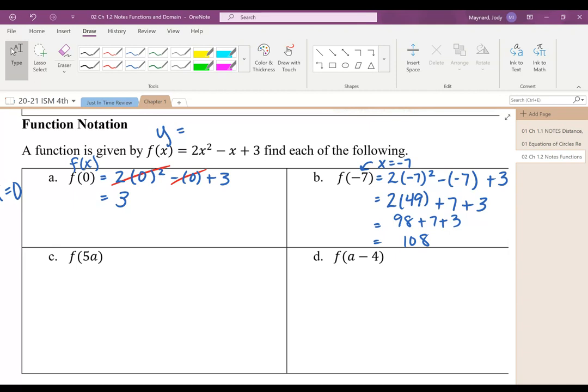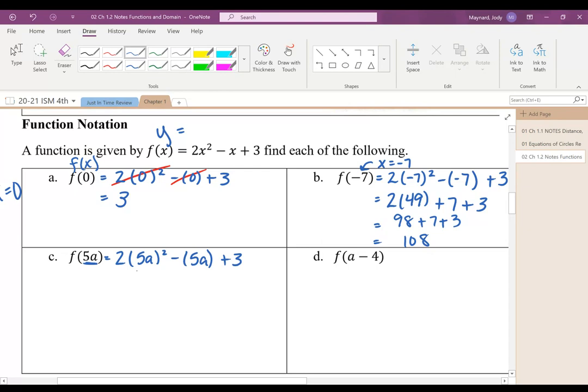So again, this says right here, wherever you see an x, you're going to replace it with 5a in parentheses. So this equals 2 times 5a quantity squared minus, in parentheses, 5a plus 3. So start with order of operations.